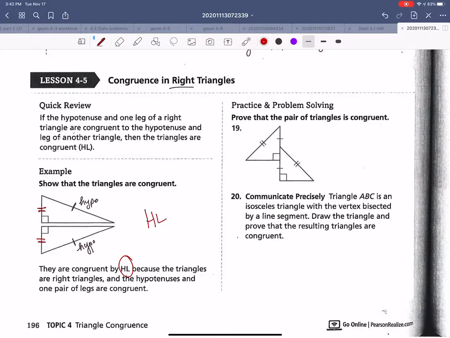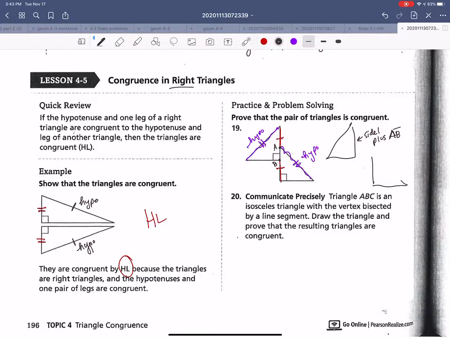Now let's take a look at 19. It says this side is 2 lengths long. This side's 2 lengths long. That's my hypotenuse. So that's pretty good. And then this side matches this side. So you're thinking, I'm not sure. So let me think about this for a minute. If I called this segment AB, then this side of the triangle is the length of side 1 plus segment AB.